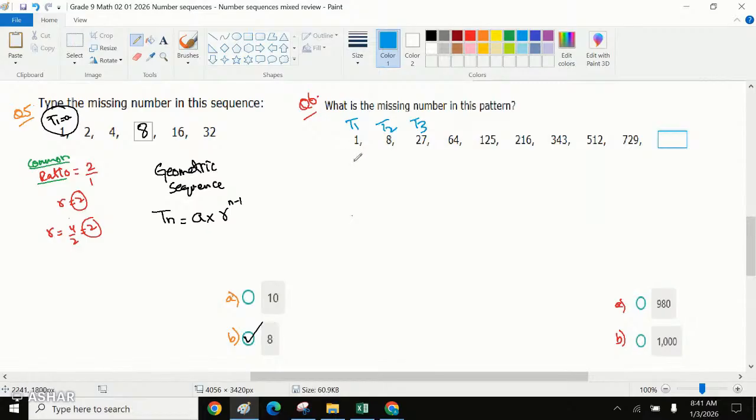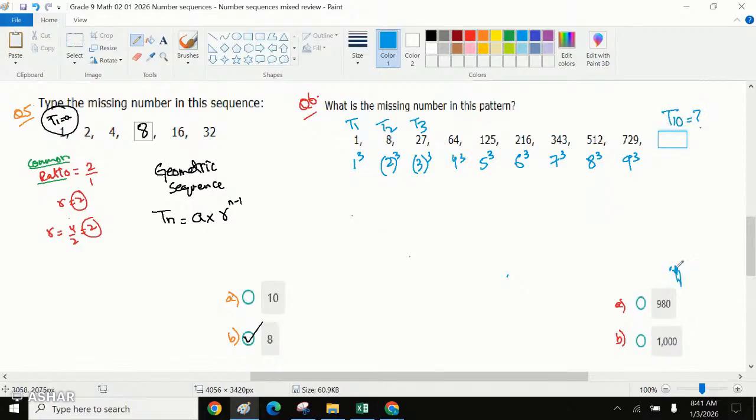So we can say if this is 8, it's 2 cubed, 3 cubed, 1 cubed. 64 should be 4 cubed, then 5 cubed, 6 cubed, 7 cubed, 8 cubed, 9 cubed, and this is term number 10.